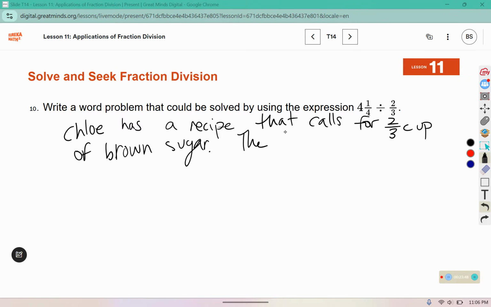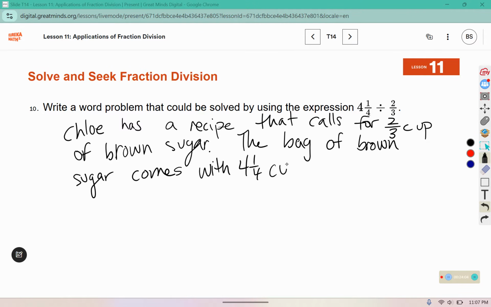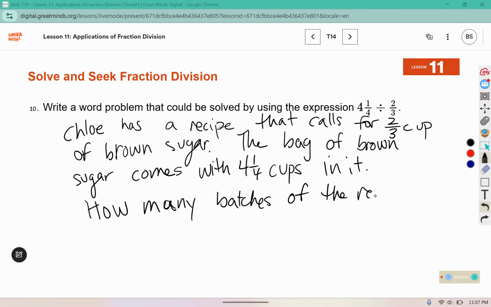The bag of brown sugar comes with 4.25 cups. Here's the question part. How many batches of the recipe can Chloe make?